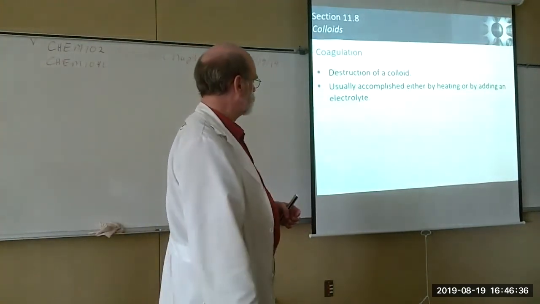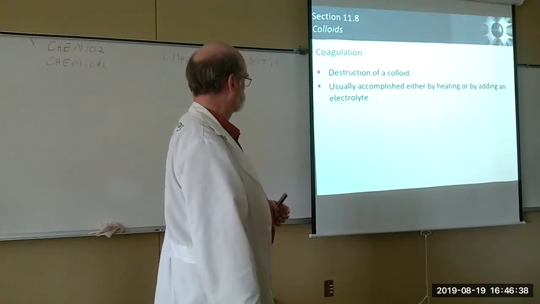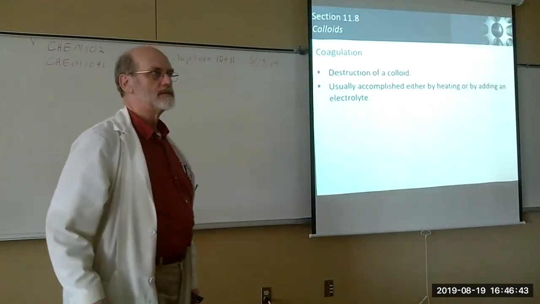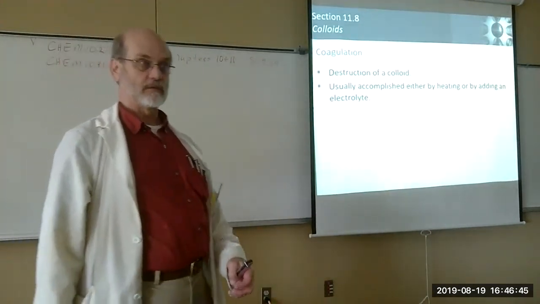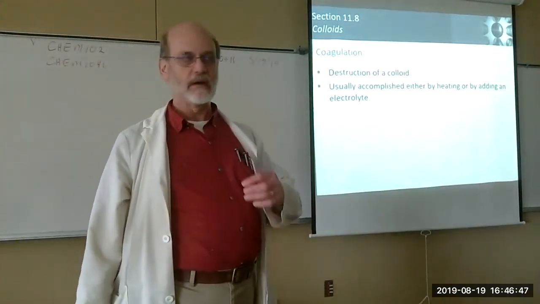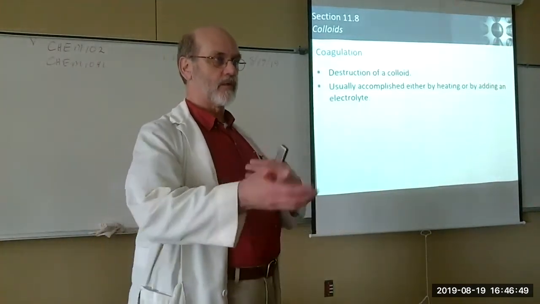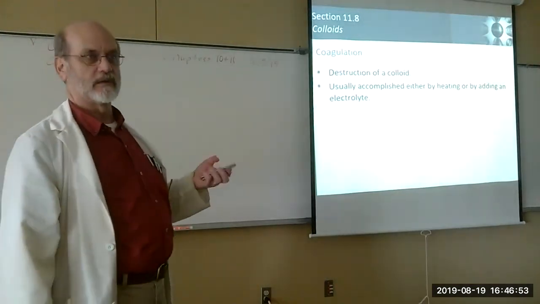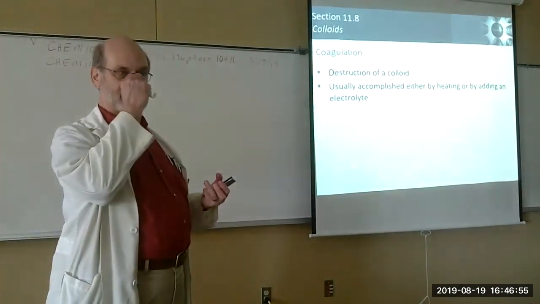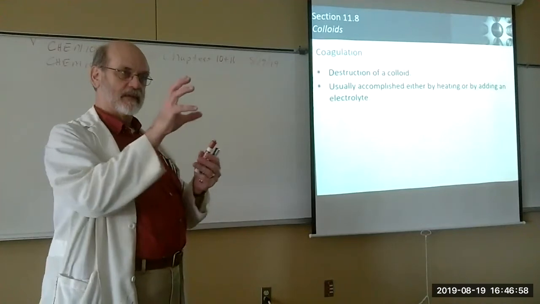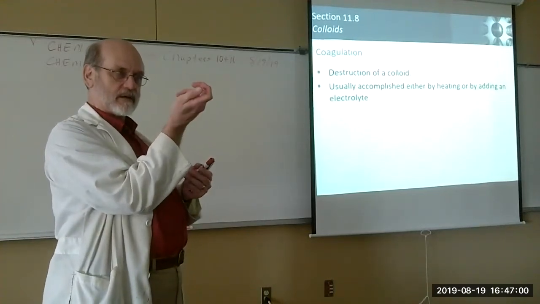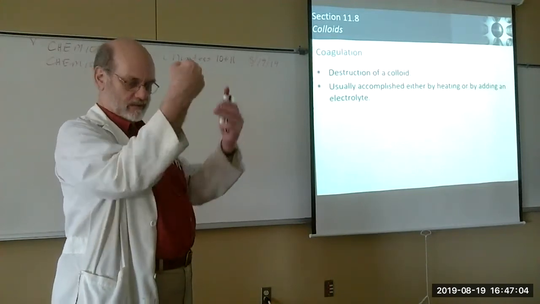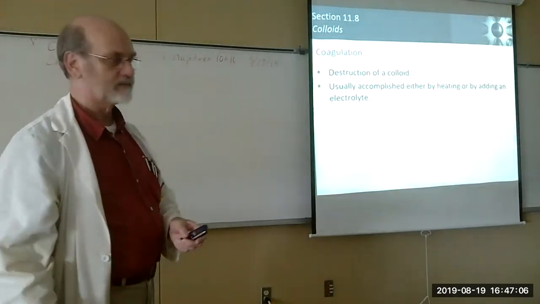So that's what we do when we, let's see, examples. Oh, making cheese. When you coagulate the curds from the whey, you're destroying that colloid in the milk by causing the protein in the milk to change its shape, and then it clumps together, drops out of solution.